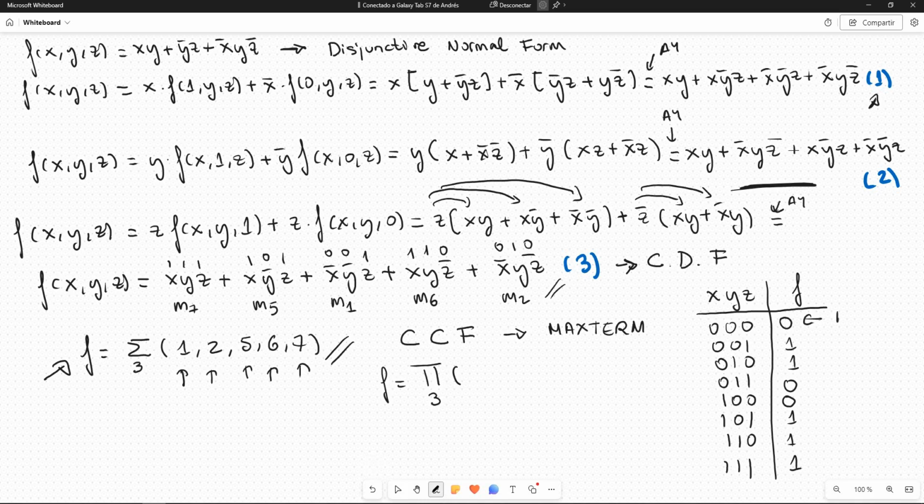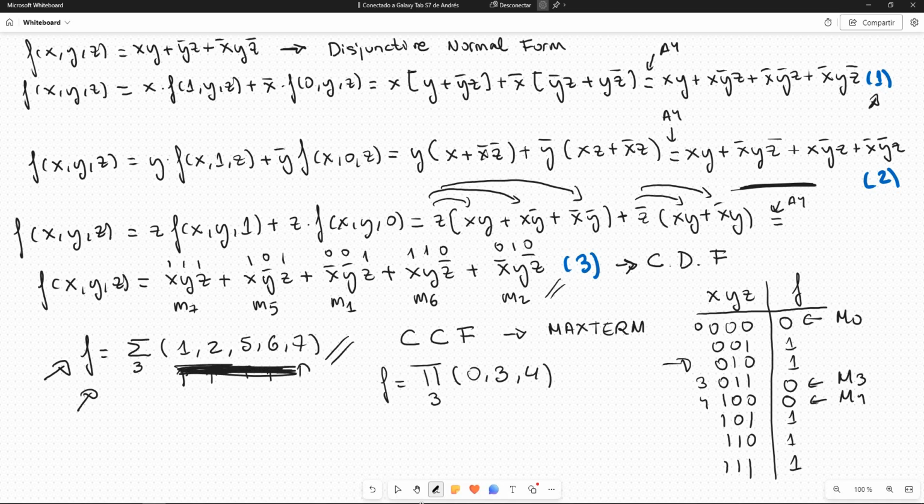That is the max term 0, the max term 3, and the max term 4. Because this is 3 in binary, this is 4 in binary, and this is 0 in binary. So 0, 3, 4. But note that we don't even need the truth table, because just from this expression we know that we are going to have 0 in the numbers that don't appear here.